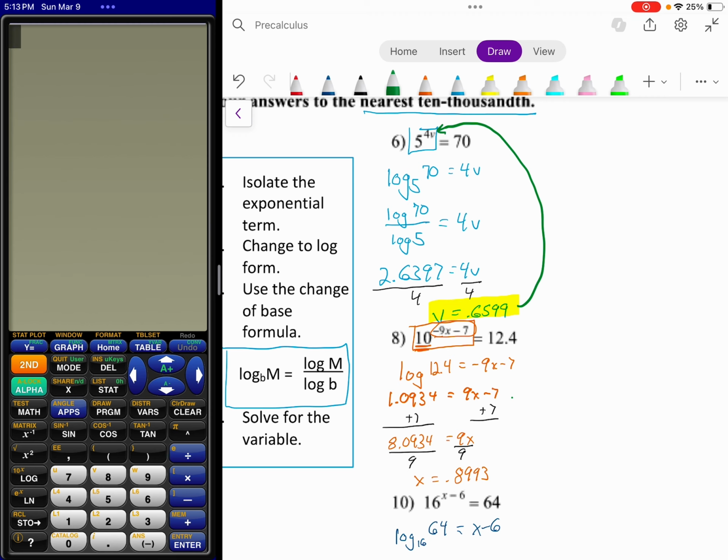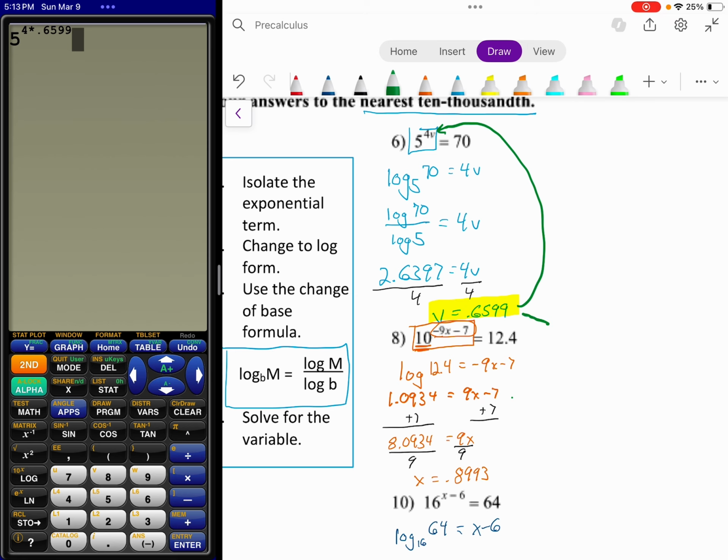So what we can do is 5 raised to, so I use my exponent button there, and I'm going to put 4 times 0.6599. And I'm going to hit enter, and it should be 70.